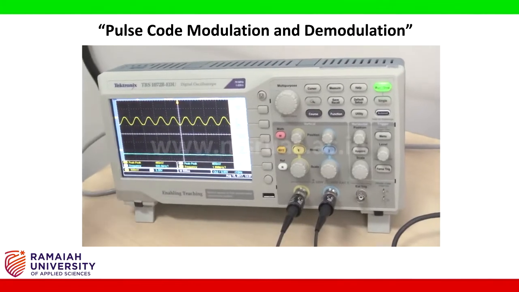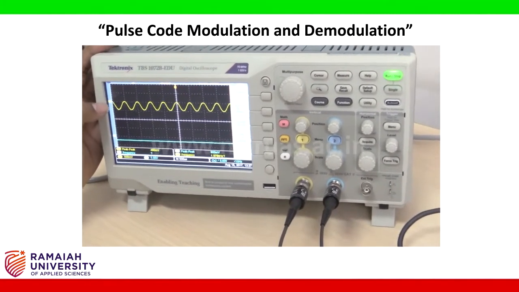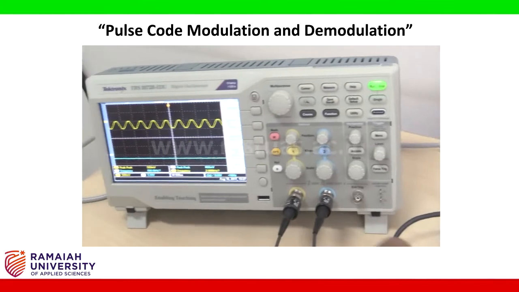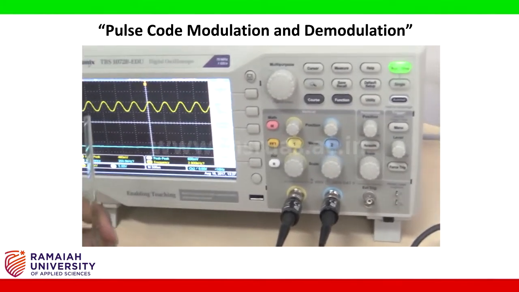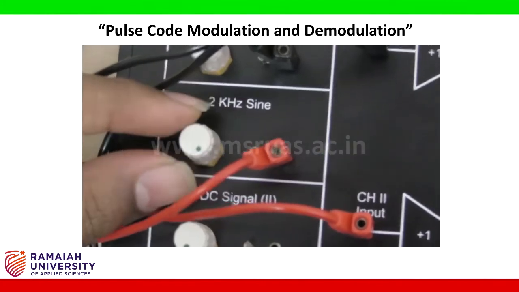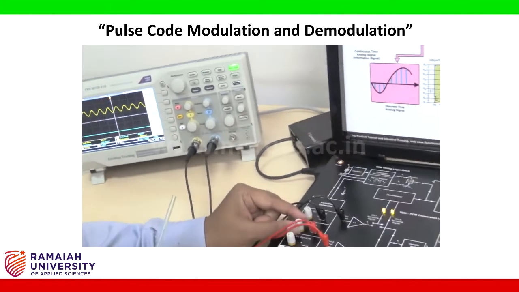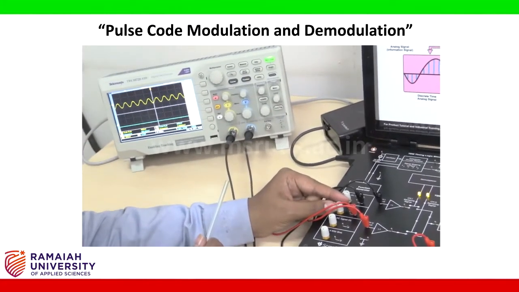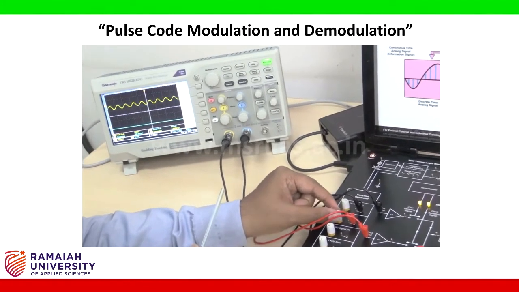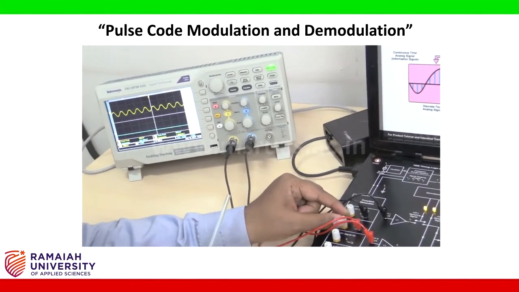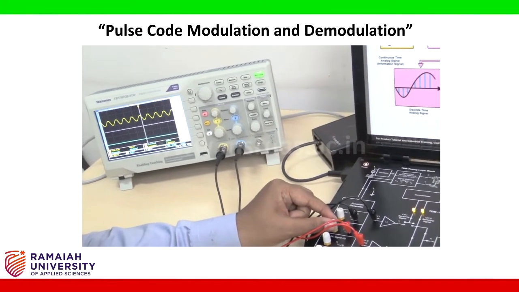Now we are able to see the transmitted sine waveform as well as the DC signal. If I vary the magnitude of the sine wave on this board by varying this 2 kilohertz signal generation magnitude knob, we can see the variation in the magnitude of the demodulated output.